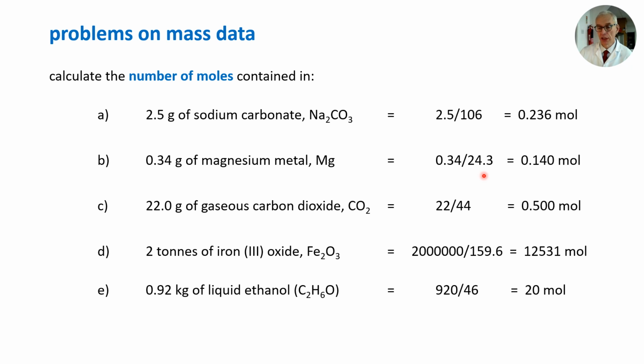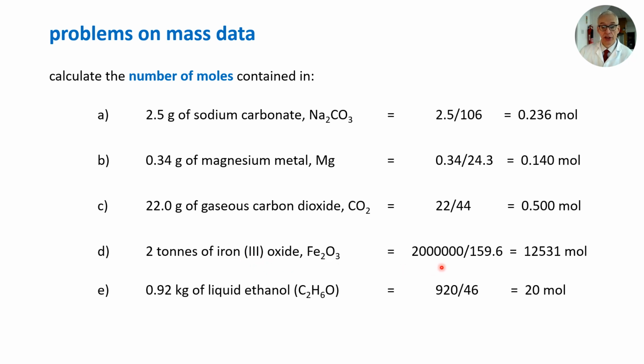You must use the relative atomic masses as supplied in the OCR data booklet, and those relative atomic masses are presented to you to 1 decimal place. So for magnesium 24.3, and later on here 2 tons of iron.